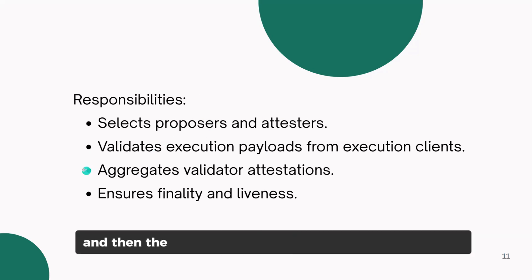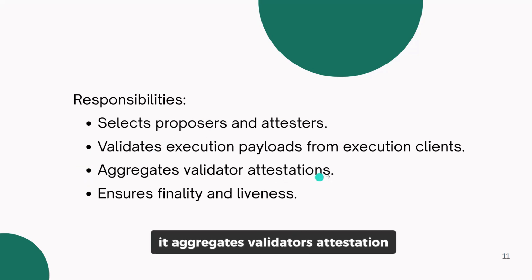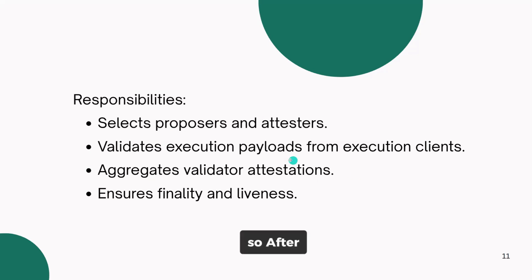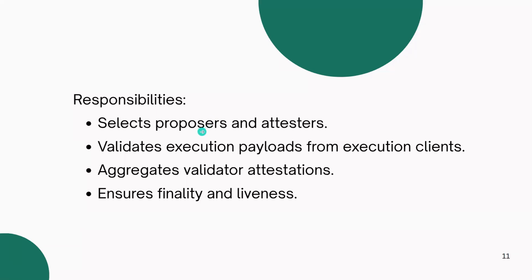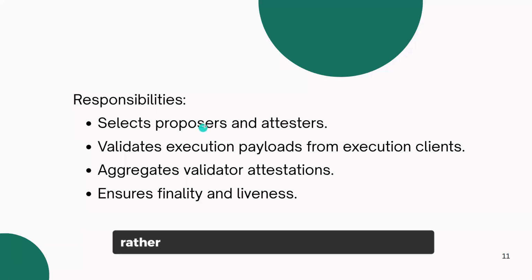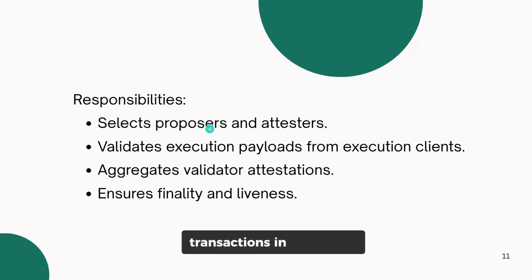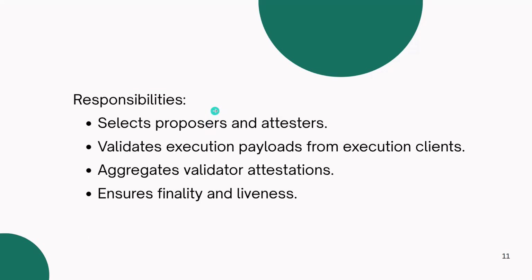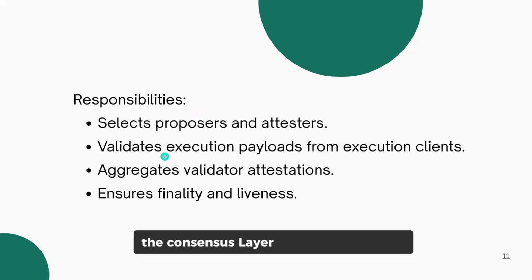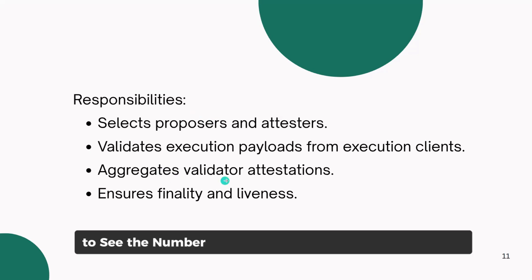And then the next responsibility of the consensus layer is it aggregates validators' attestation. So after the transactions are stored within a block by a proposer, other validators will now attest to that block. They will check the authenticity of that transaction. The consensus layer will now aggregate to see the number of validators who have attested to that block.